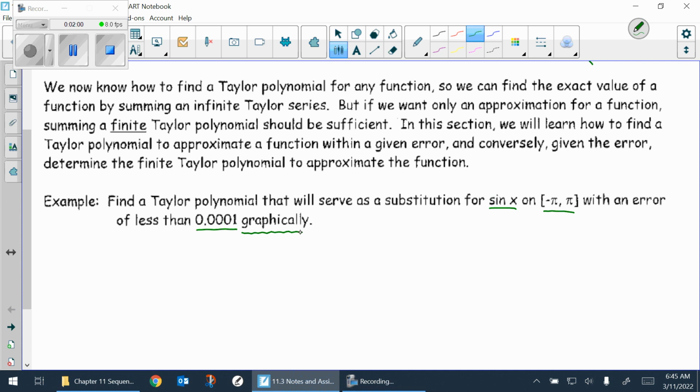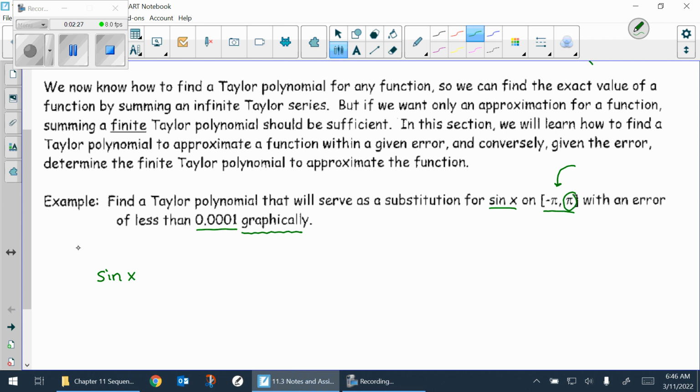I'm going to take the sine of x on my calculator, and prior to that, I'm going to show you the method here. I know that the biggest error is going to occur at one of these endpoints of the interval. I'll choose this endpoint right here.